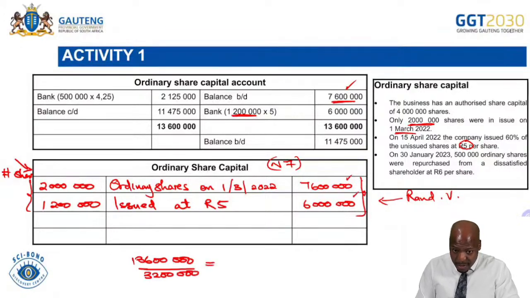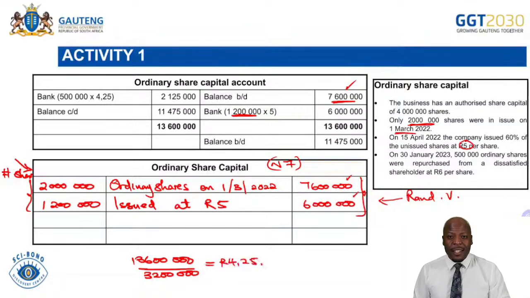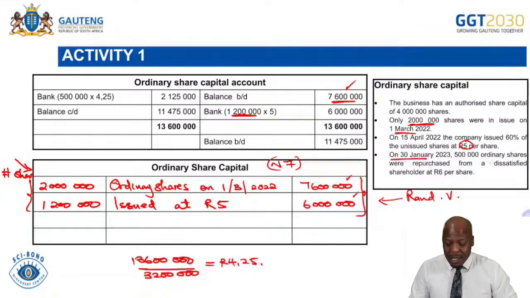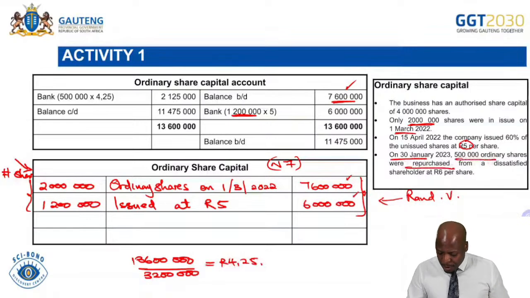You divide this, that is how you get your 4.25. That is your average price. Triangle, triangle. You remember the triangle? All right. So we then come here. We are told that on 30 January 2023, 500,000 ordinary shares were repurchased from a disgruntled or dissatisfied shareholder at 6 rand.